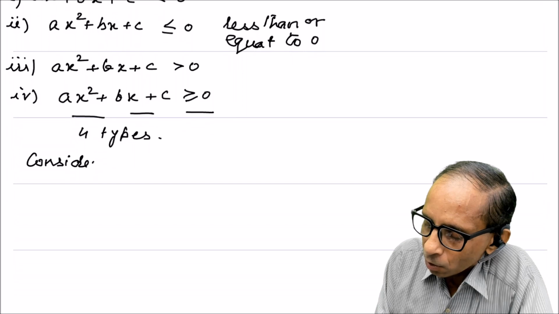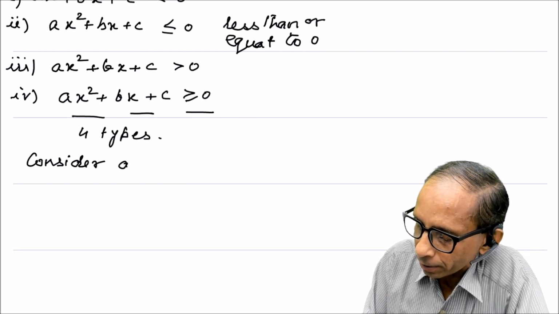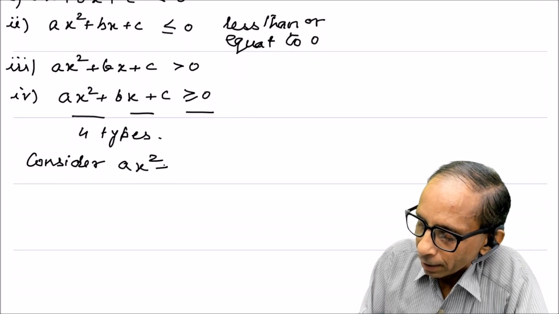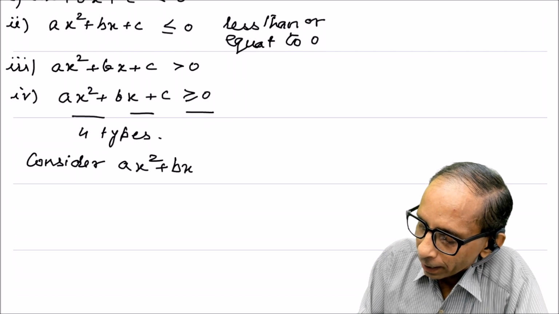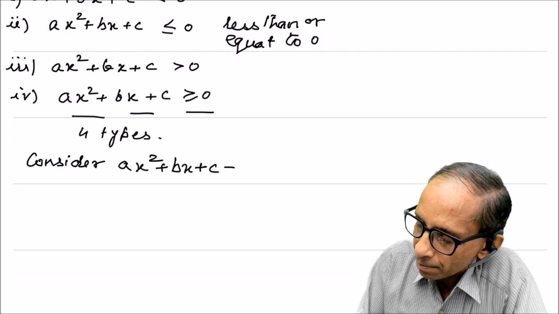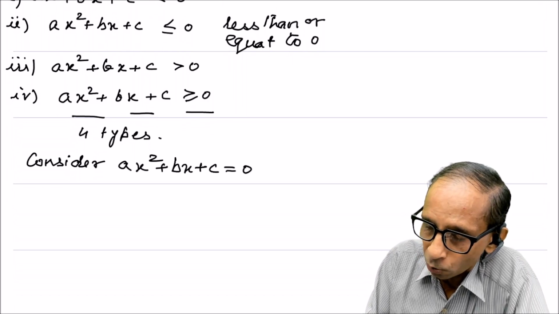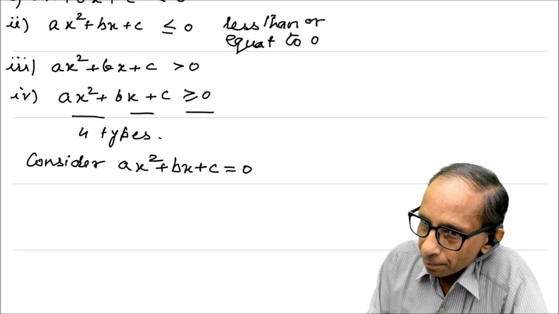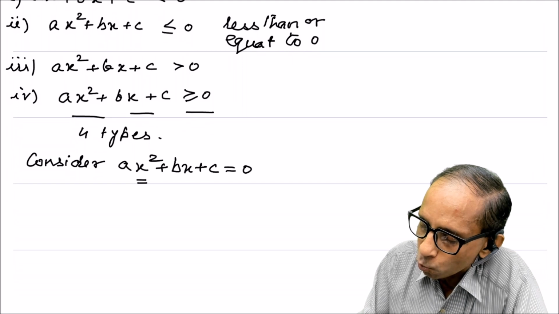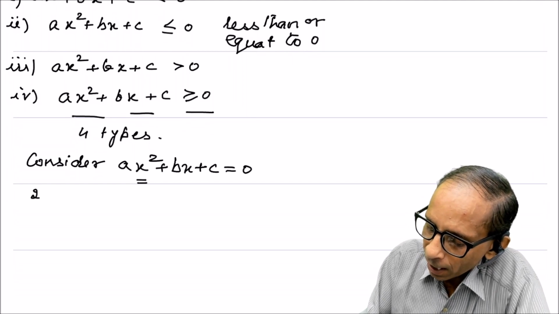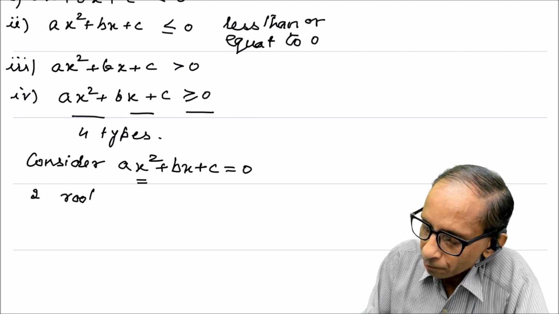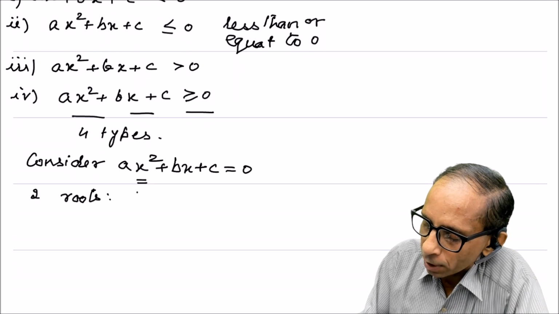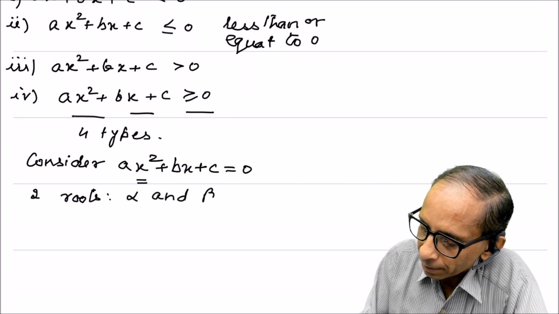What is a quadratic equation? It is ax square plus bx plus c equal to 0 type. This type of equation, because its degree is 2, will have two roots. Let us call them alpha and beta.